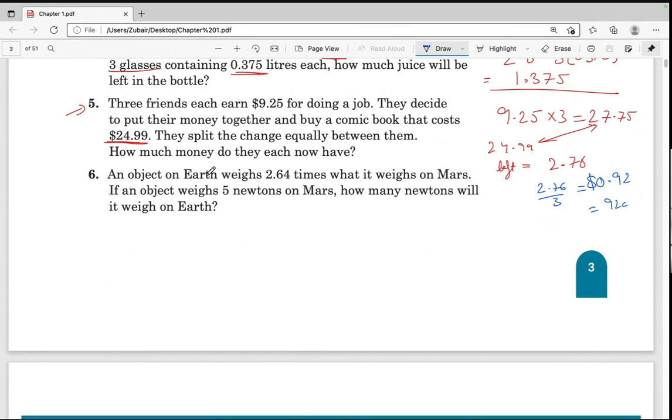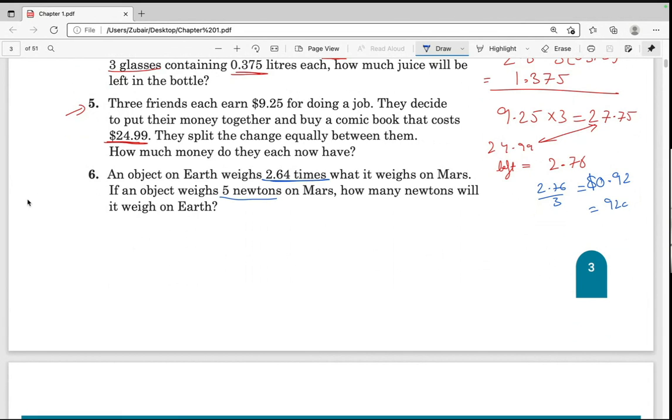Question 6. An object on Earth weighs 2.64 times what it weighs on Mars. If an object weighs 5 newtons on Mars, how many newtons will it weigh on Earth? Okay. Multiply or divide? Multiply, it will multiply because it's times. So it is 13.2. Divide.